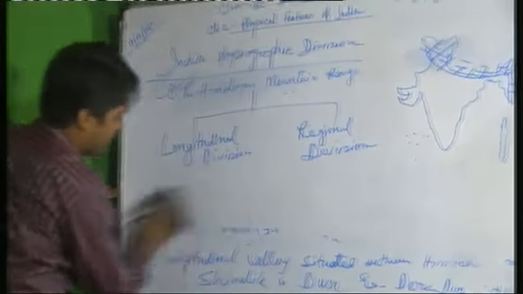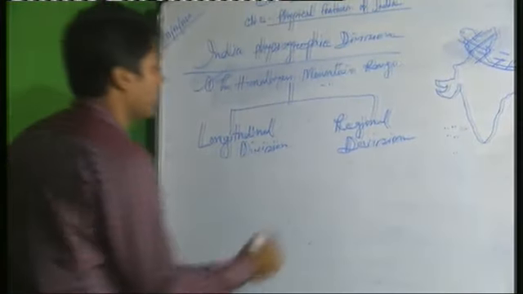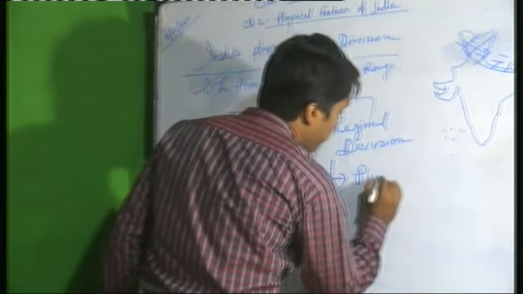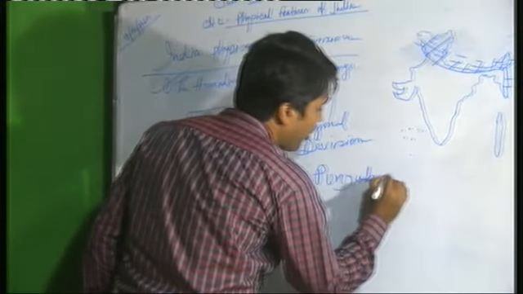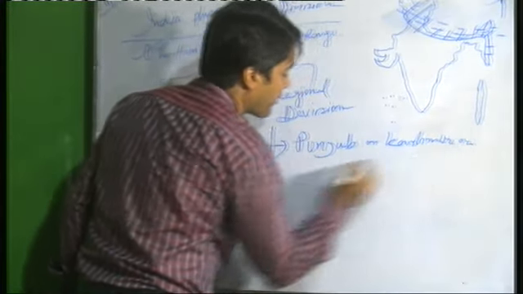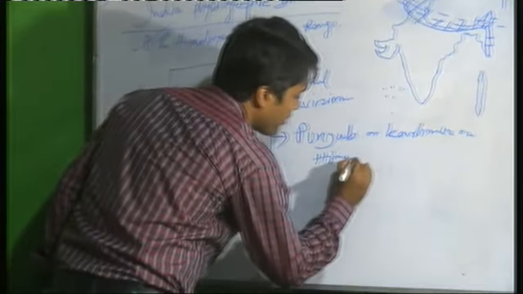Now we will discuss the regional division of the Himalayas. First is the Punjab or Kashmir or Himachal Himalaya.